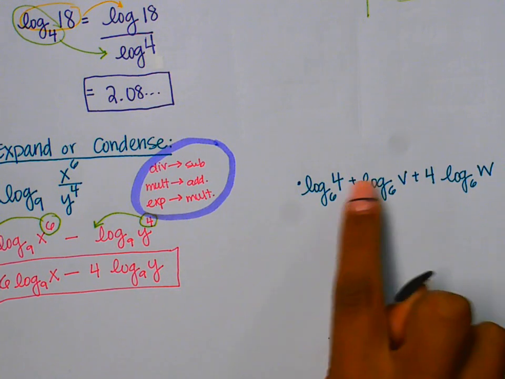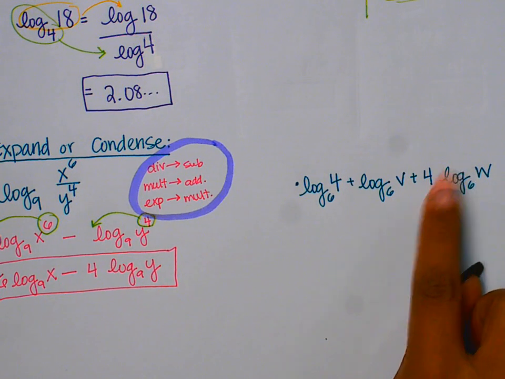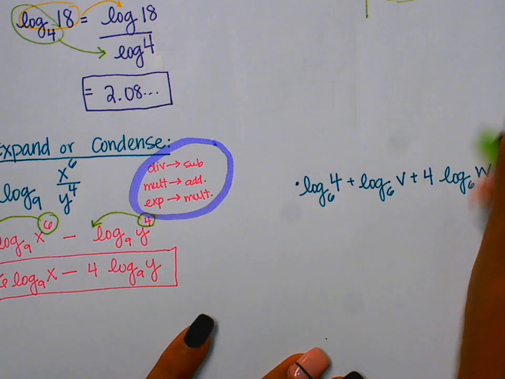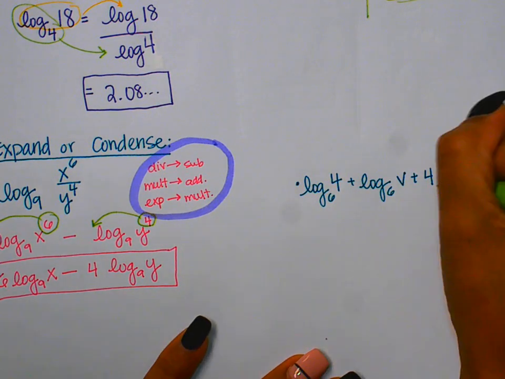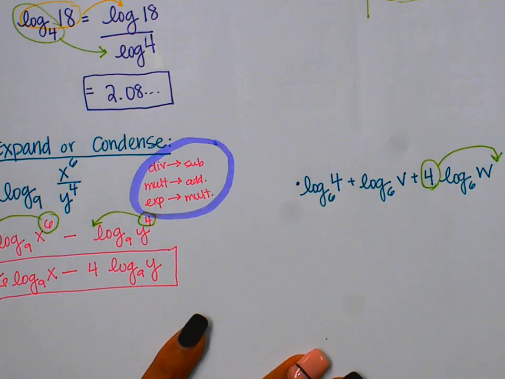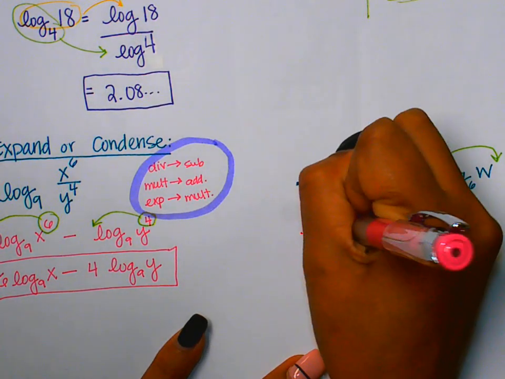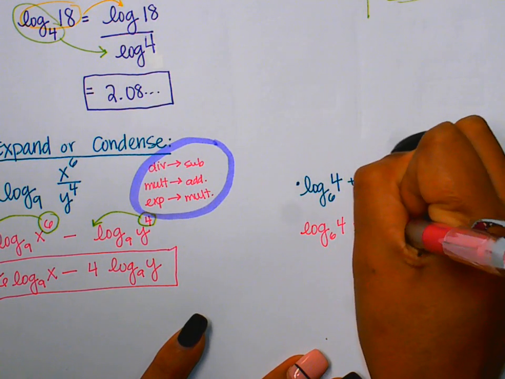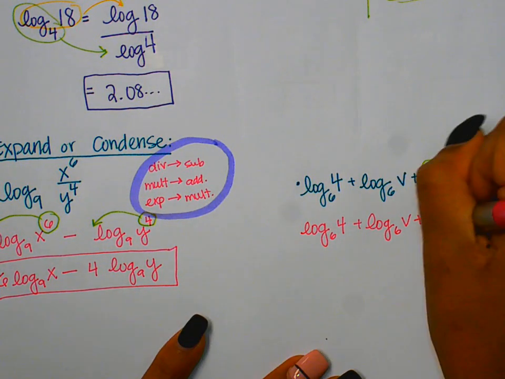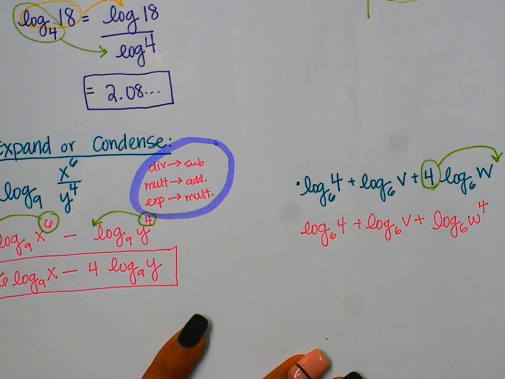You have addition here, combining all three things, but then you also have that 4 that is multiplying. So eventually I'm going to turn this 4, just like I did right here, into an exponent for the W. So I'm just going to rewrite that part first. Plus, so that turns into an exponent to the power of 4.